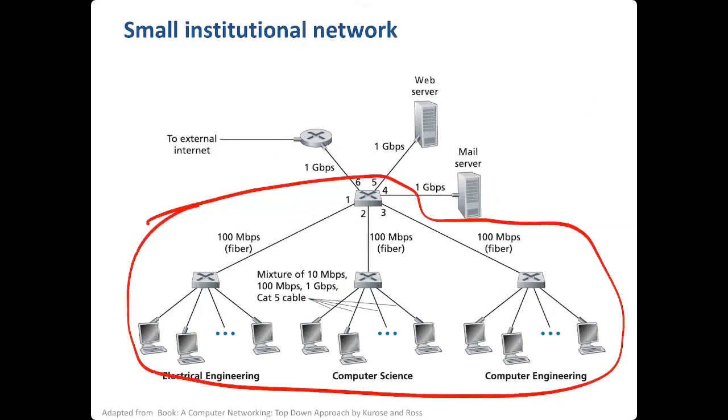This can happen in a small building, but still we need IP. And then this switch is connected to a router to connect it to the external internet. Or each department, for example, the electrical engineering department, can also have a switch and router both, and so on and so forth.